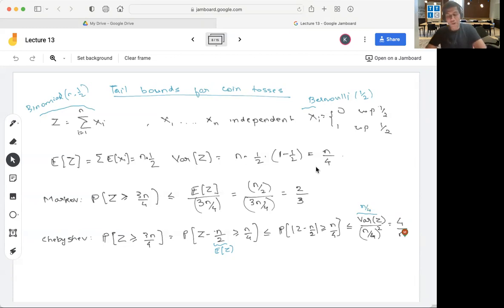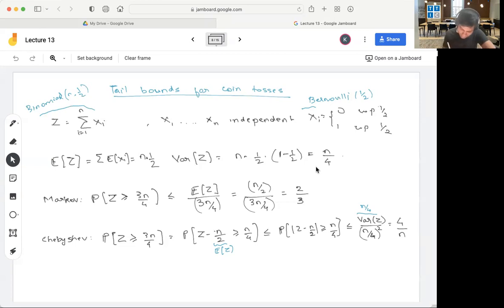So this is a much better bound. In particular, this bound goes to 0 as n goes to infinity. So if you can calculate the variance, you get a much better bound. There are two advantages to being able to compute the variance. One, you can get a very strong bound for the same amount of deviation, and you can also get an interesting bound for much smaller deviation.